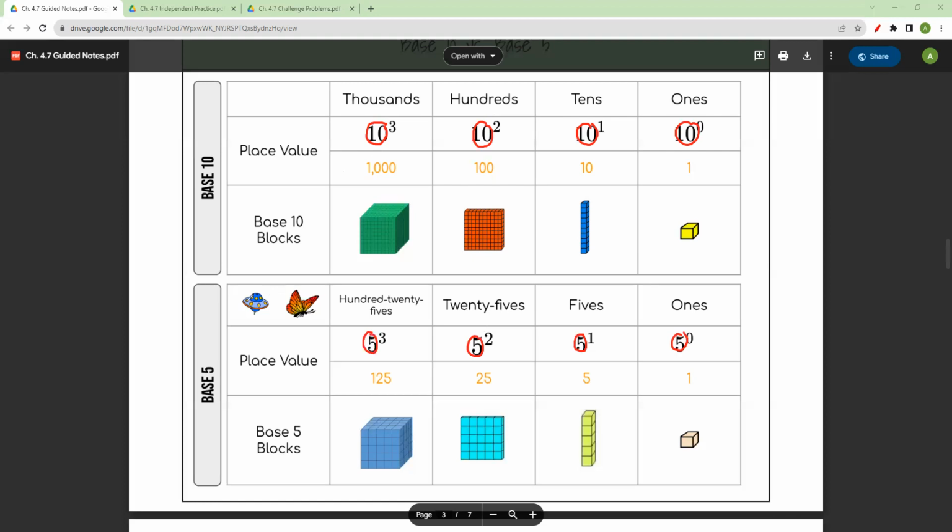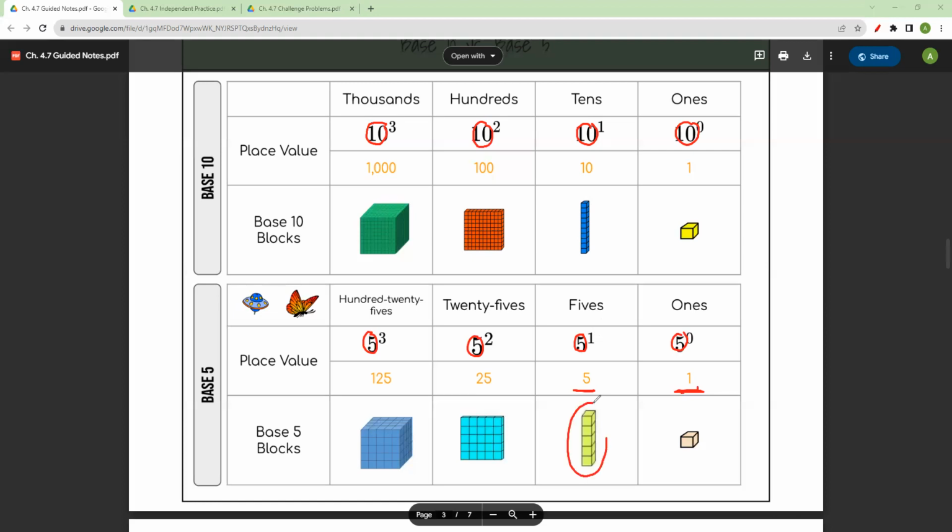Okay. So this is kind of where the alien comes in, because now this place number right here stays the same. So we still have ones, 5 to the 0. This will always be ones in the furthest column on the right. Then the second one here, instead of representing 10 sticks, these are now 5 sticks.